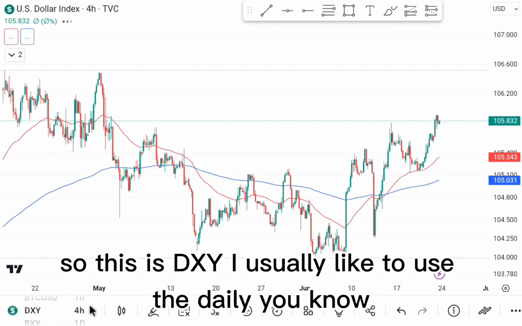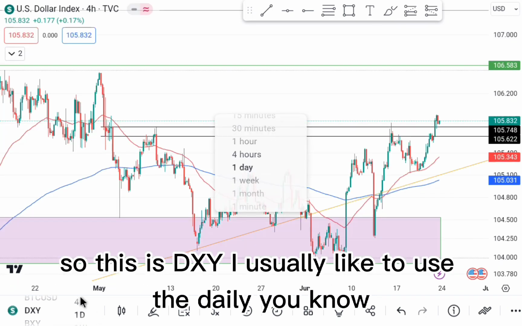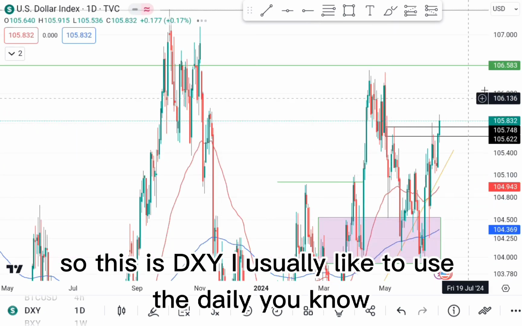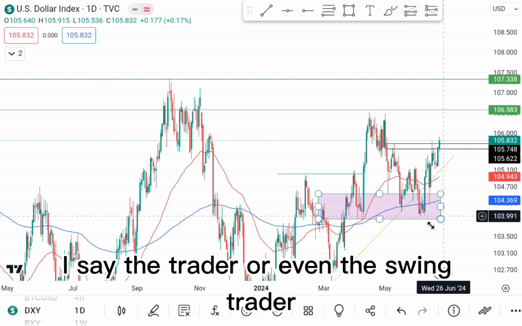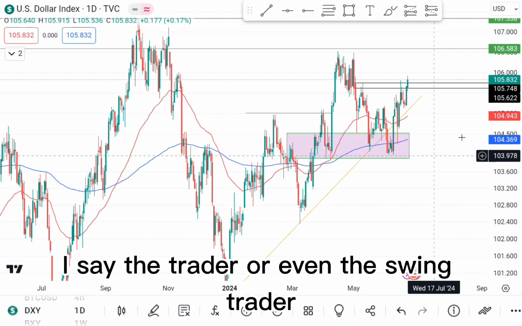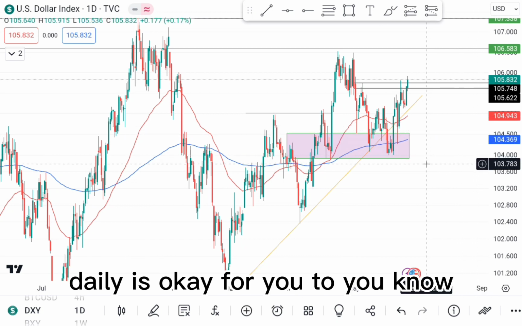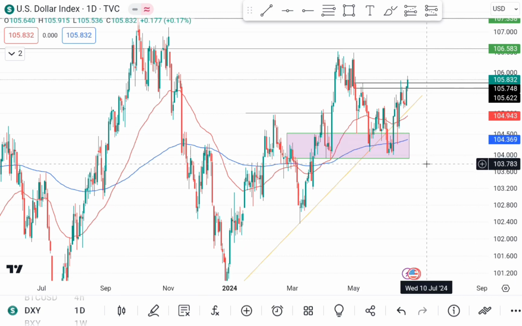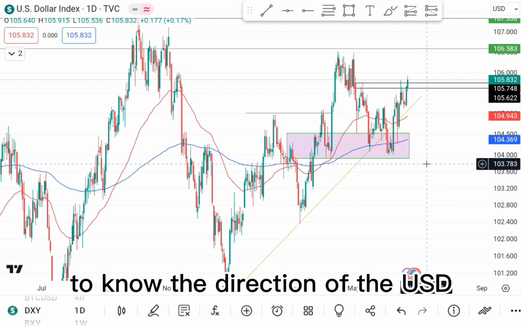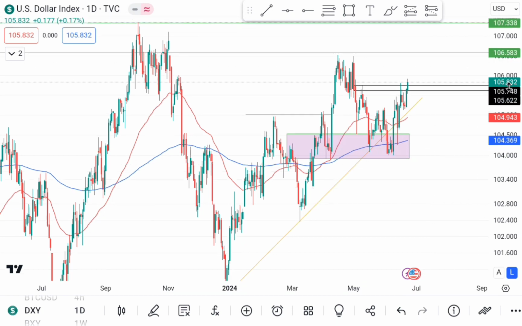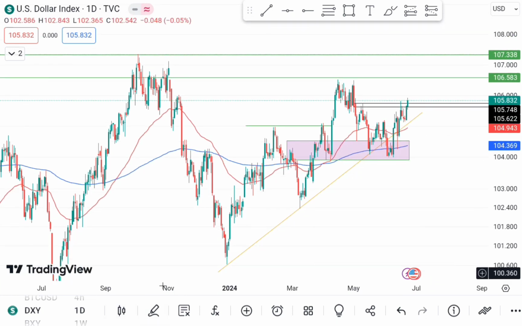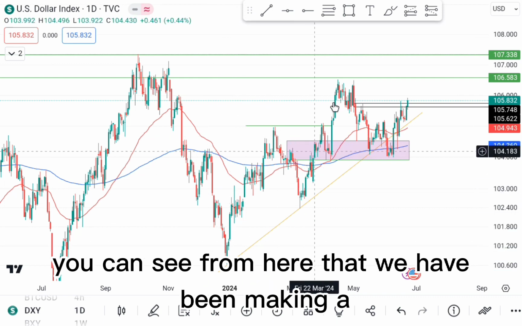So this is DXY. I usually like to use the daily, as a day trader or even a swing trader. Daily is okay for you to know the direction of the USD. So if you look at this now, you can see from here that we have been making an uptrend.